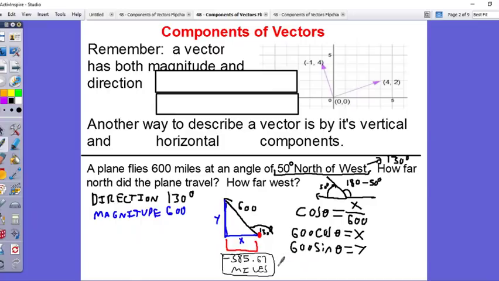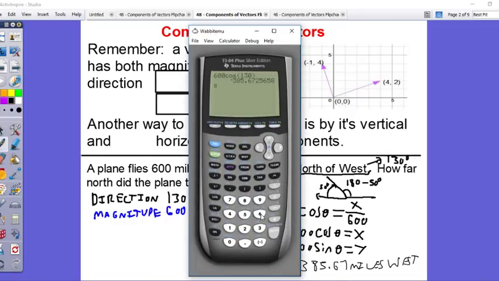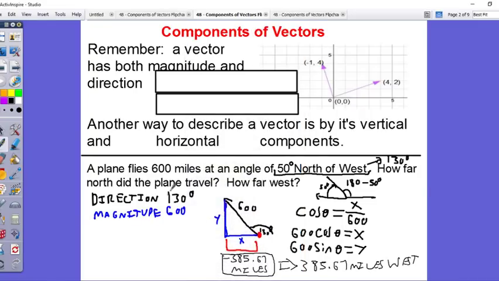So we traveled 385.67 miles west, and then 600 times the sine of theta, 600 times the sine of 130, means that we traveled 459.63 miles north.